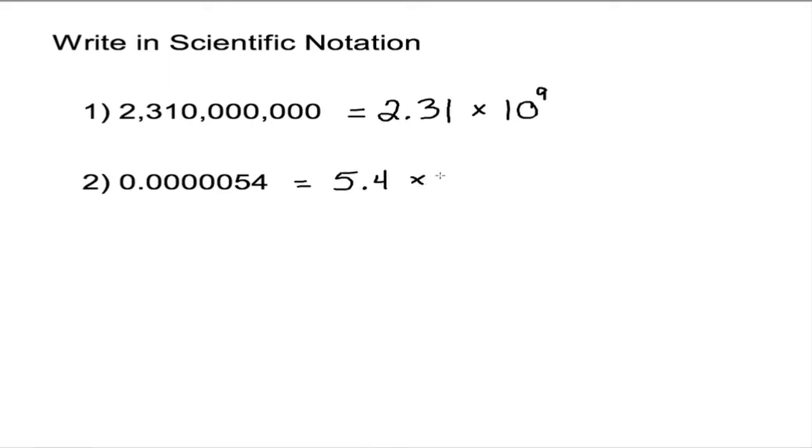And then we have to multiply that times 10 to what exponent? Since this is a really small number and we moved it 6 places, it's to the negative 6. And that's the scientific notation of 0.000054.